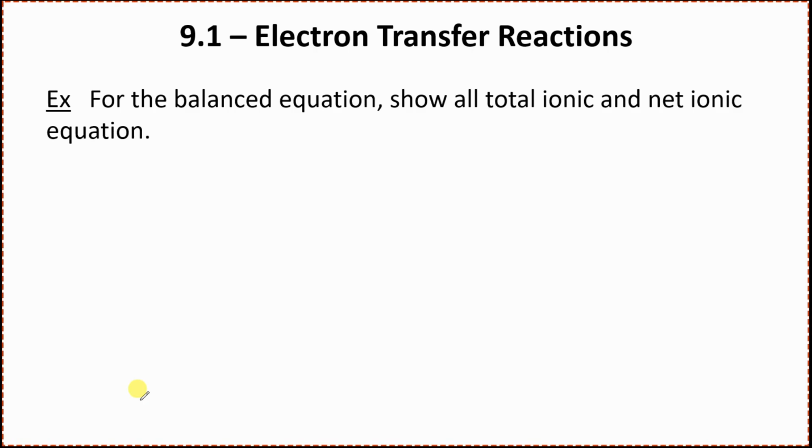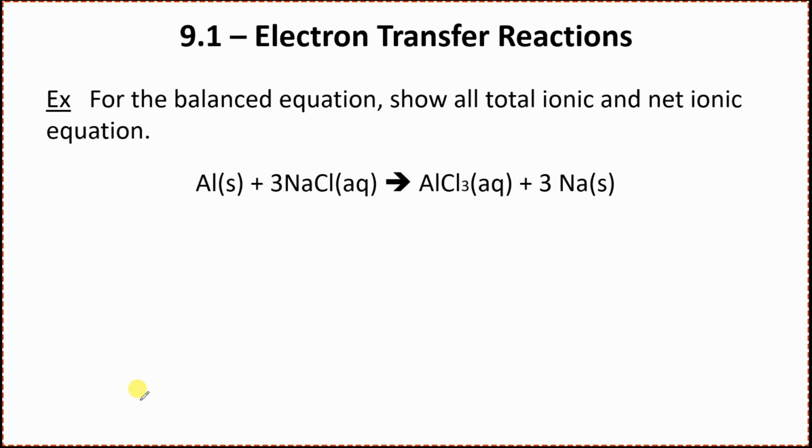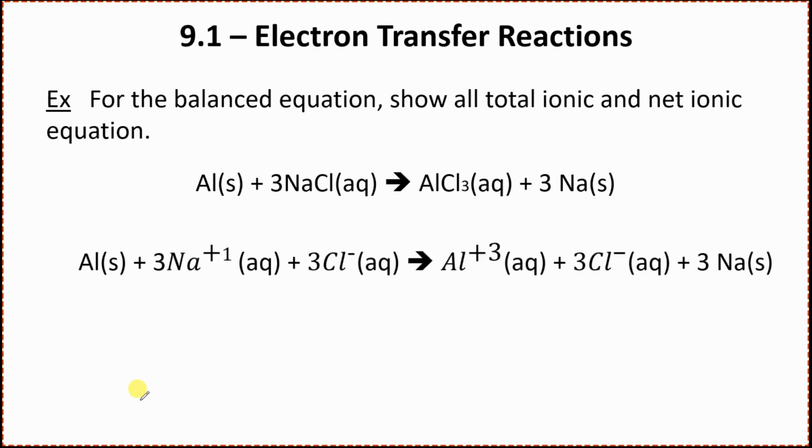So we're going to start this off by doing a balanced equation, which I'm going to give you. And I want us to break this down. Everything that's aqueous is going to break down into its ions. So the first line here, we're going to take aluminum and put it there: 3 sodiums that are +1, 3 chlorines that are -1, aluminum's +3, 3 chlorines again, and our solid sodium does not break up.